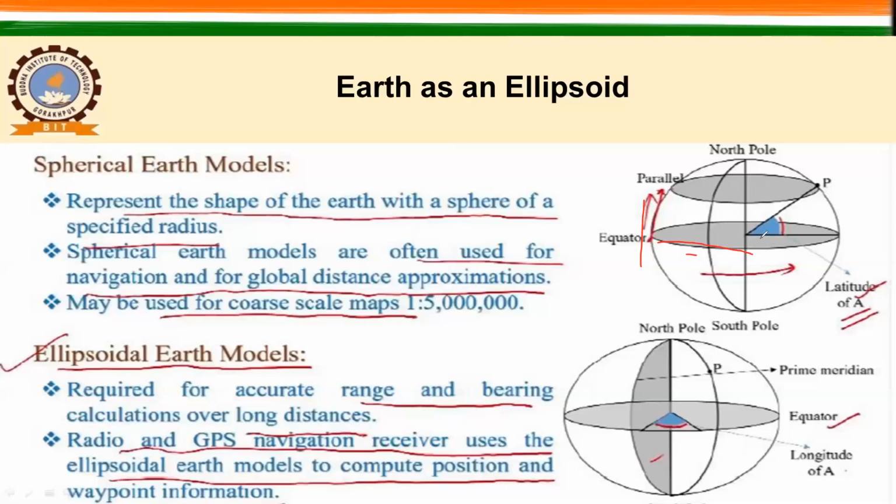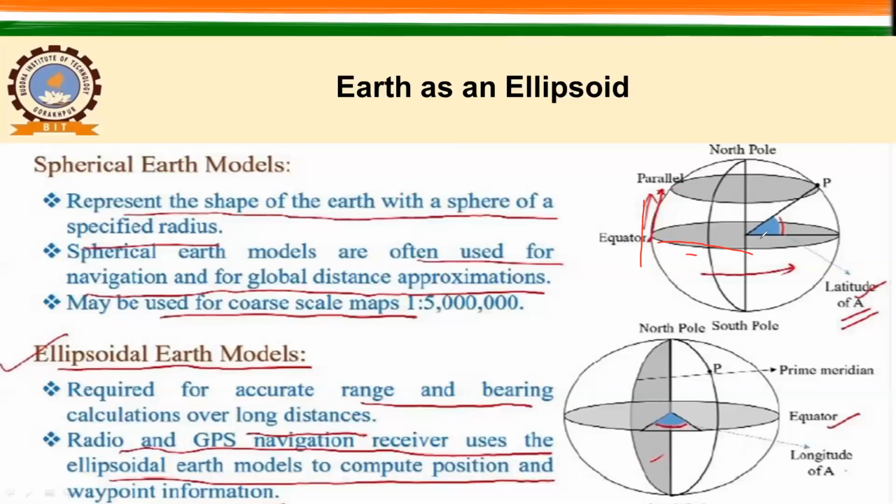This is more accurate than the spherical Earth model, which was used for global approximation and very coarse scale maps. When we want to find very minute places and the exact location of them, then we should go for the ellipsoid.